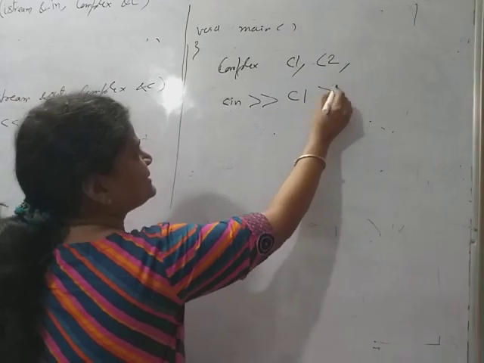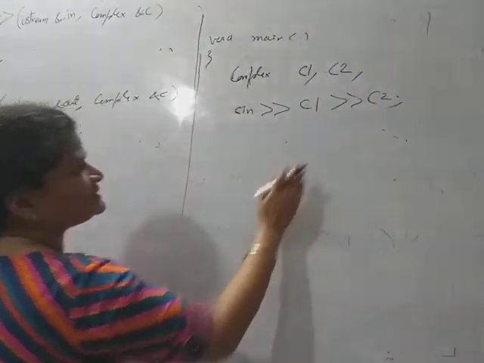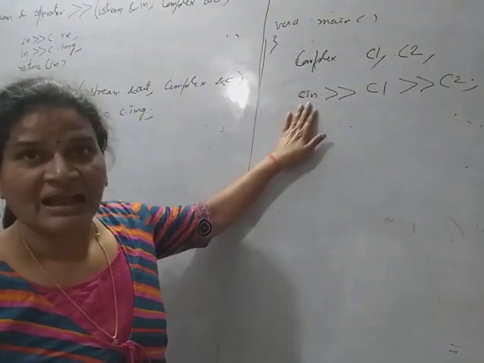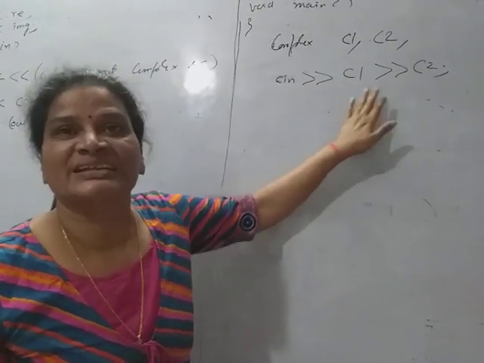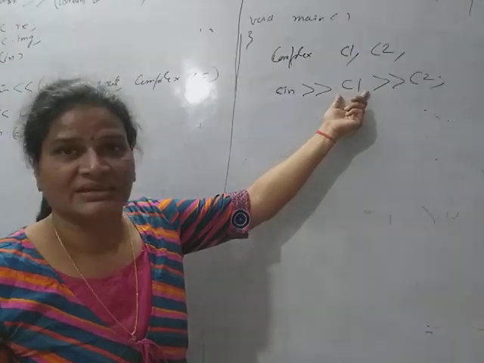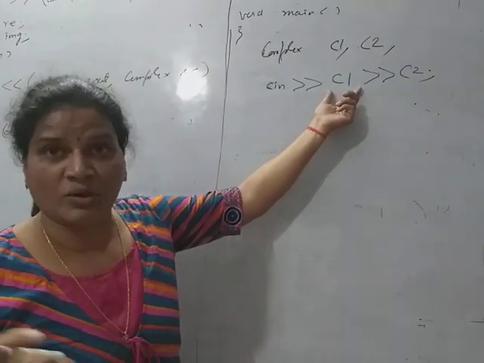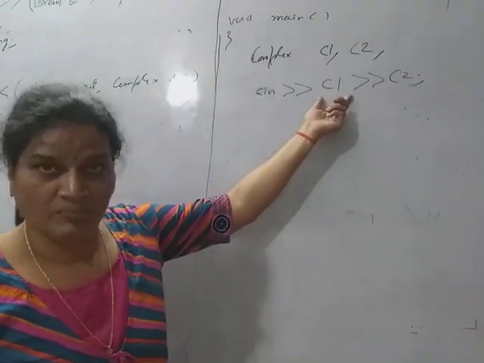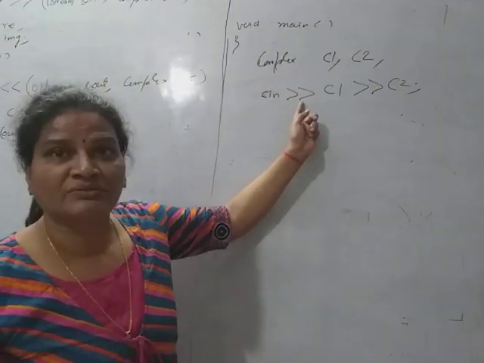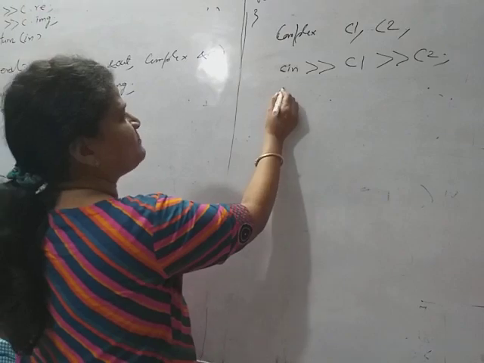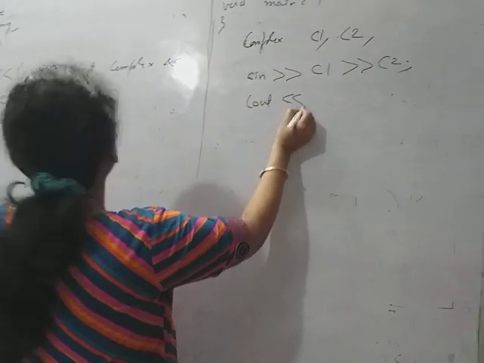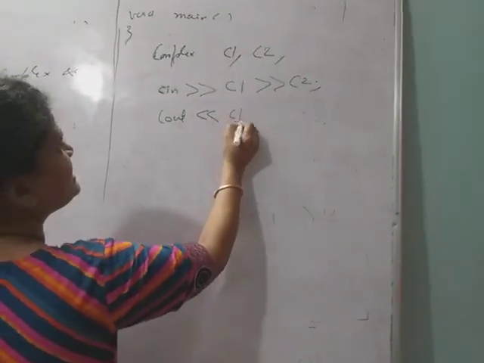Carefully, just here with this, I am using cin as I am reading the basic data type. Here the C1 is a user defined data type which is the object of class complex. So it is required that you have to overload this extraction operator. The same cout can be overloaded using this, cout << C1 << C2.